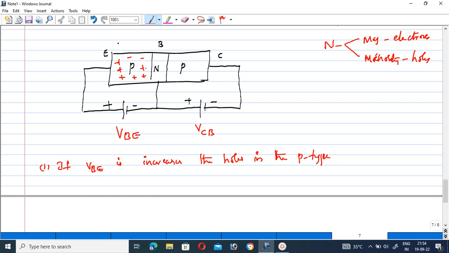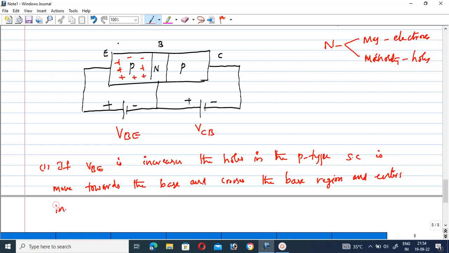So if VBE increases, the holes in the P-type semiconductor move towards the base, cross the base region and enter into the collector region.